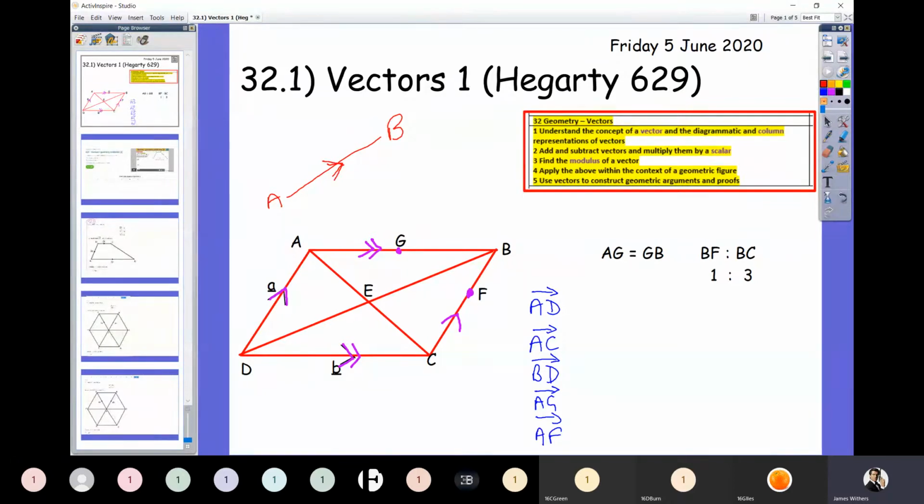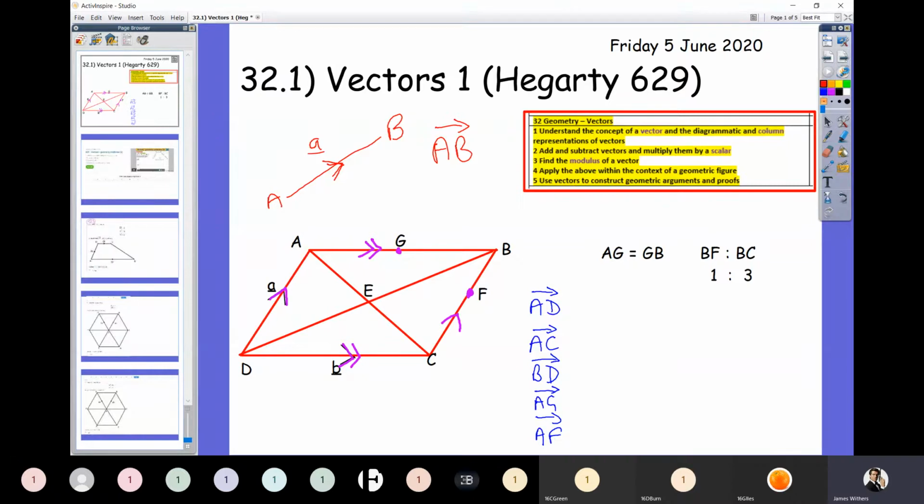Now the way that that vector can be described is two ways. And note how the points are capital letters. So it could be described as going from A to B, and you put an arrow over it, so that's pretty clear. Or it could be given a lowercase letter, for example, a.